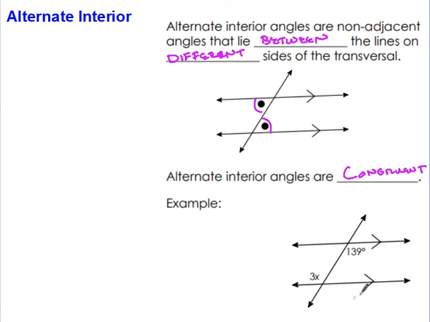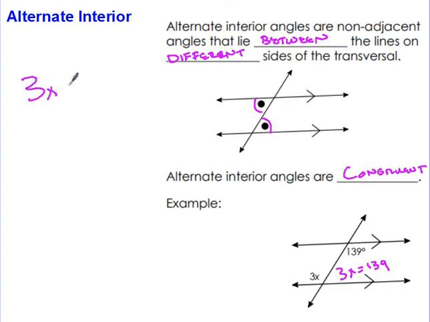Because they are congruent, pause the video and solve for x in this particular example of alternate interior angles. Go ahead and solve for x, please. Since I know that these are congruent, I know that 3x equals 139, because this angle has to be equal to 139 degrees, because this angle is 139 degrees and these are alternate interior.